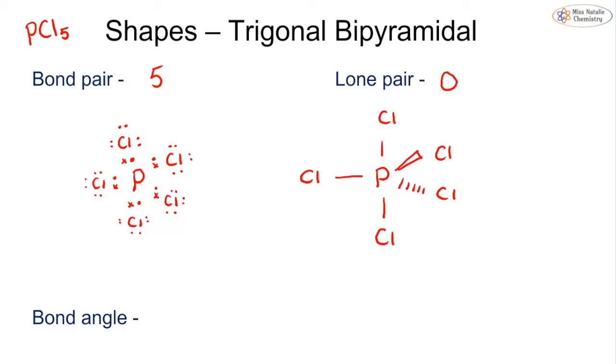So this time we have different bond angles. From the top to the center, this bond angle here is 90 degrees. But between the 3 and the center, this bond angle is 120 degrees. So we have to take into account the fact that we have two different bond angles. We have 90 and 120. And that's trigonal bipyramidal.